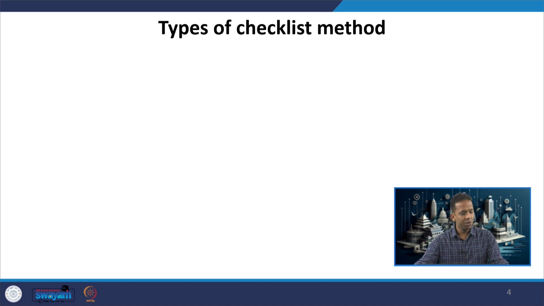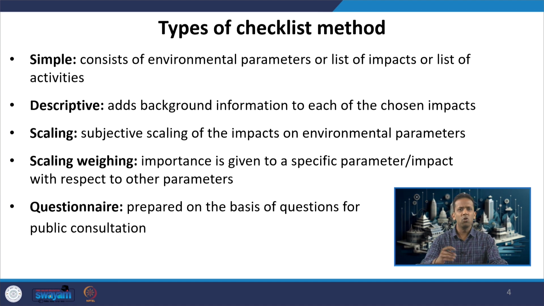So, different types of checklist methods. Most of the books or reference literature would recommend 4 or 5 types of checklist method. In some of them you will find scaling and weighing together, and in some they will be separate. The most commonly used checklist method for EIA is the simple checklist method, which involves just a list of environmental parameters and a list of impacts, or a list of activities with each activity causing a specific impact.